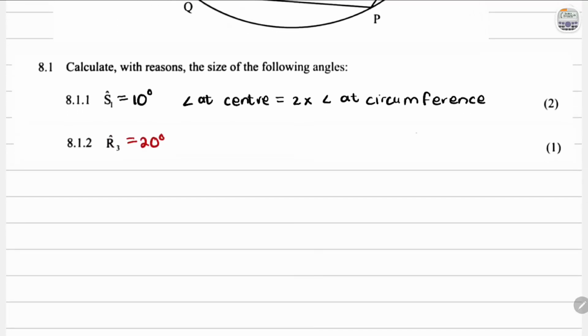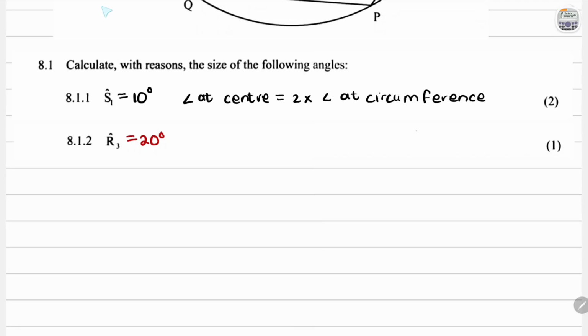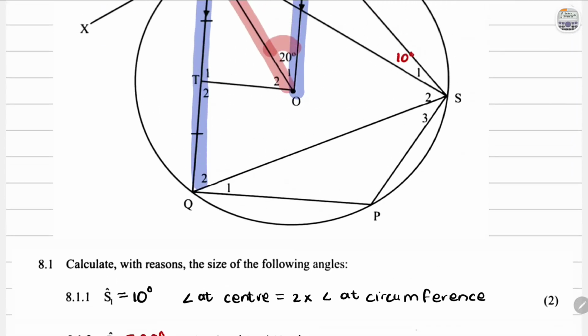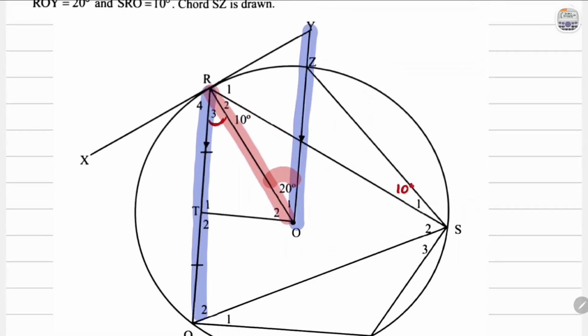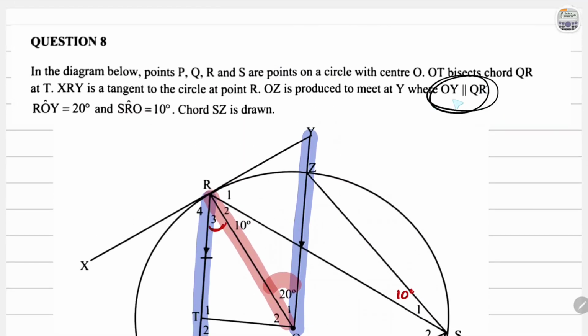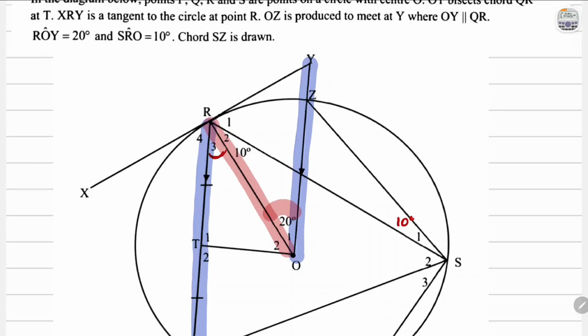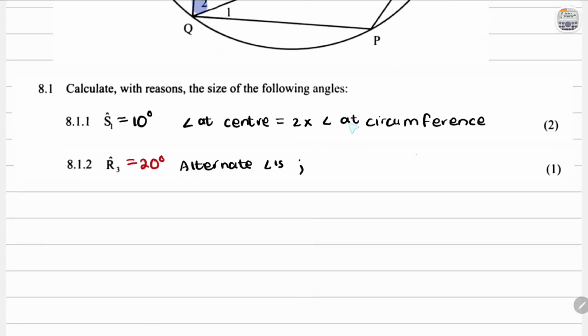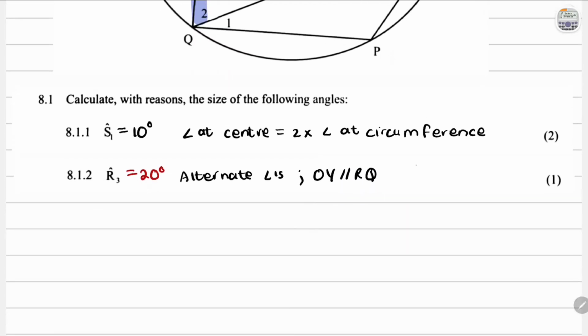Alternate angles on parallel lines are always equal. Another thing that you can do after telling them it's alternate angles is tell them the lines that are parallel. They said OY being parallel to RQ. That is fine to say. Just make sure you tell them that OY is parallel to RQ. Okay, so that is it for that question.